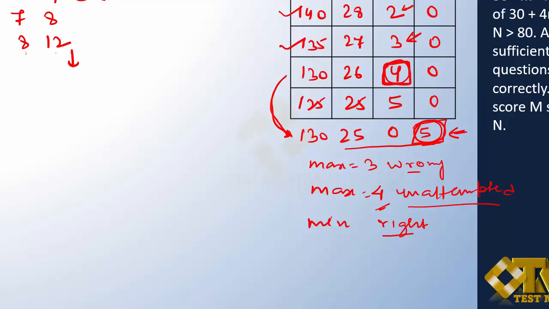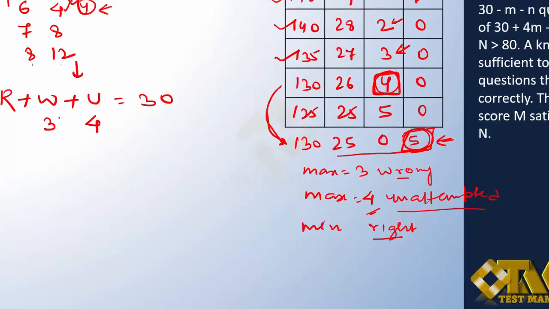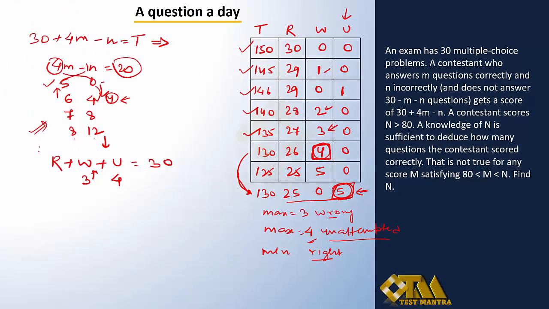So now here let's try to identify. I know that right plus wrong plus unattempted, overall is supposed to be 30. Here I have considered this one as 4, and maximum I can have 3 wrong attempts. Why I'm maximizing this? Because I have to find out the minimum score possible, which will provide me the unique value here.